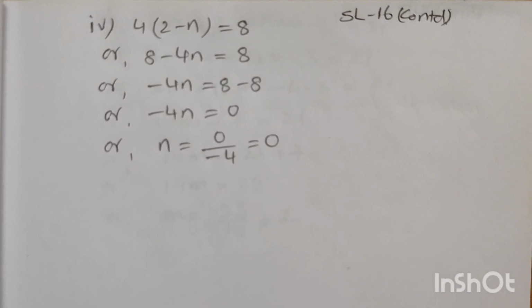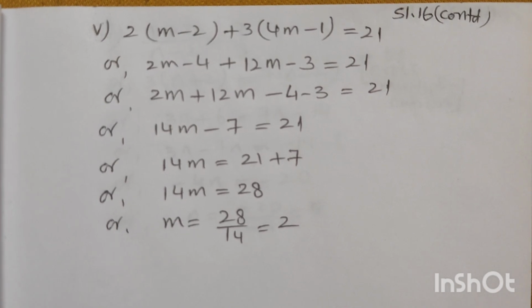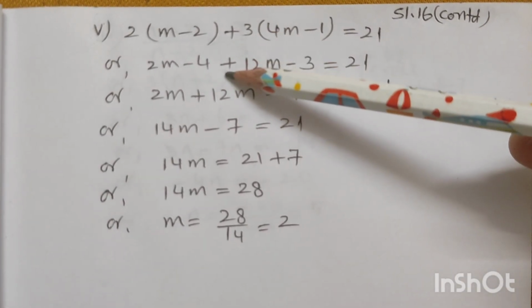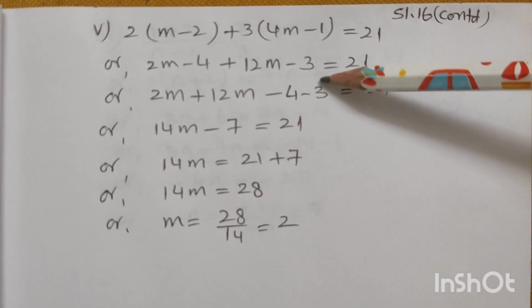You can see this is another example of an equation. Have a look. This is the fifth example. You can see the brackets have been opened here by simplifying. This bracket is also open.